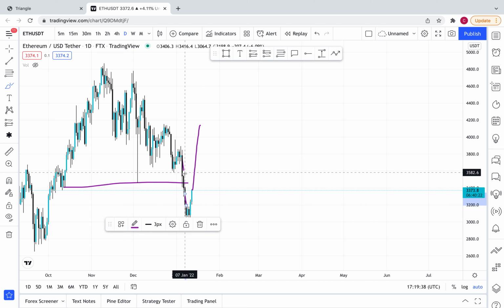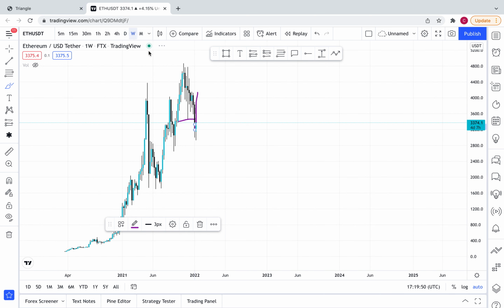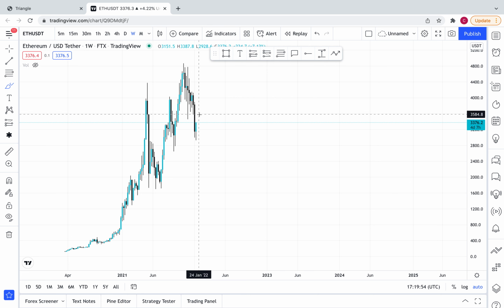As you can see here, this is a balanced price action, so price is efficient. If you go to the weekly time frame, this is going to be a void. Let's see the weekly time frame. As you could see, it is a void, a void that needs to be filled.